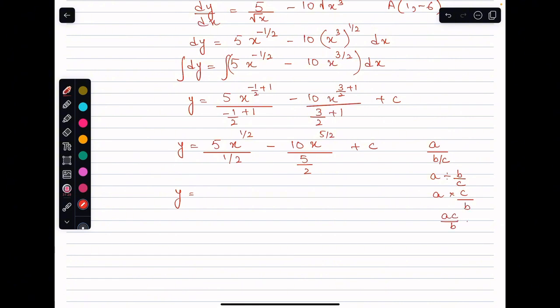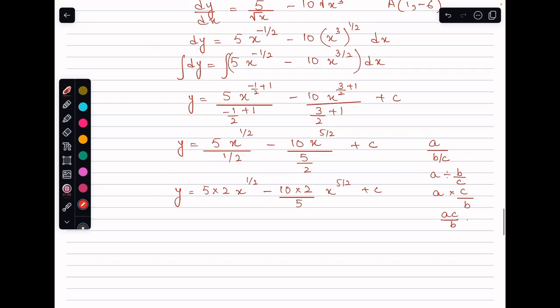So I'm going to apply the same thing here. If it says 5 divided by 1 by 2, then simply it's 5 times 2 divided by 1. I don't need to write that 1 in the denominator. So it's 5 times 2 x to the power 1 by 2. And then here it's negative 10 times 2 divided by 5 x to the power 5 by 2, and the constant that we have added.